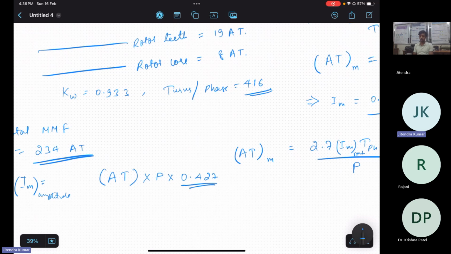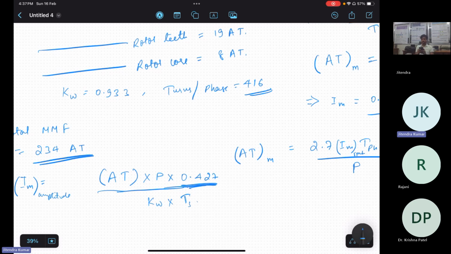You will get 0.427 if you take 1 by 2.7 and divide 2.7 by root 2, you will get this value, divided by kW into TS.